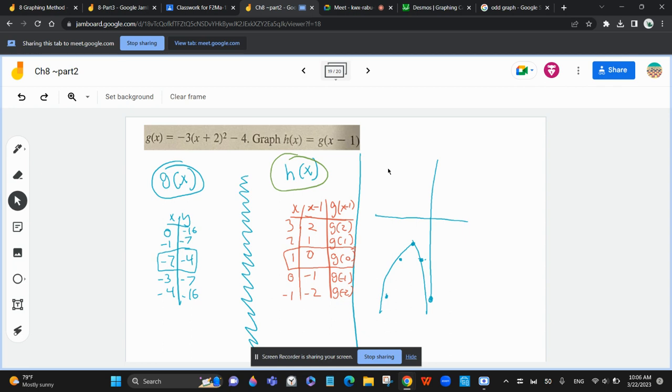So you see when the x input is 3, before, the y output is g of 3, but now the y output is g of 2.